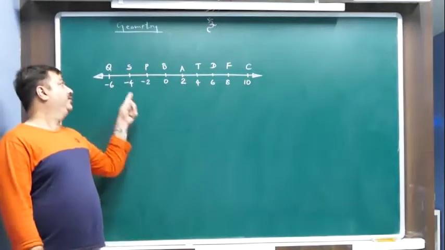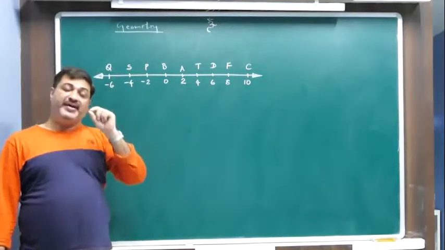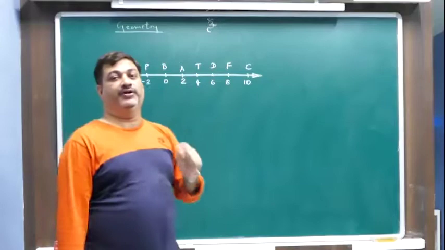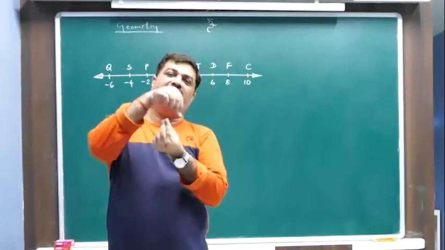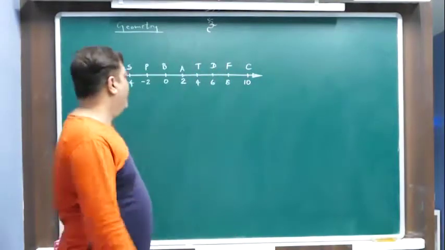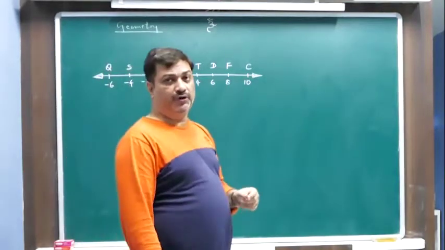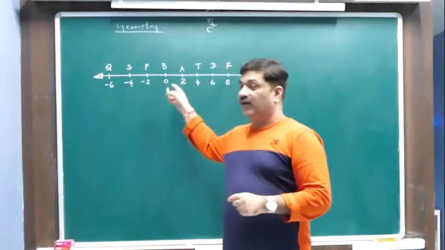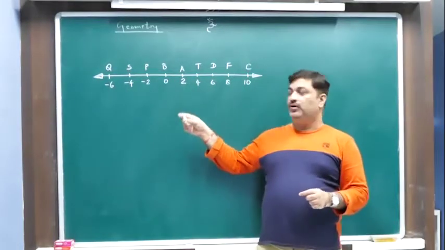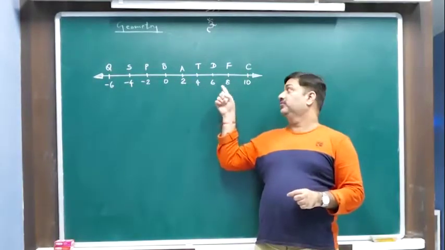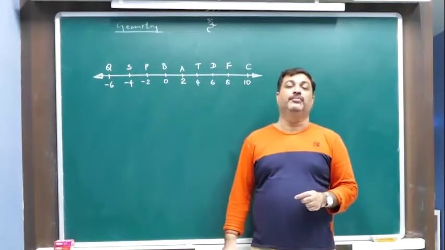And there is always some value attached to a point. Every point will have a numerical value attached to it, and that numerical value is called the coordinate of that point. Very important.